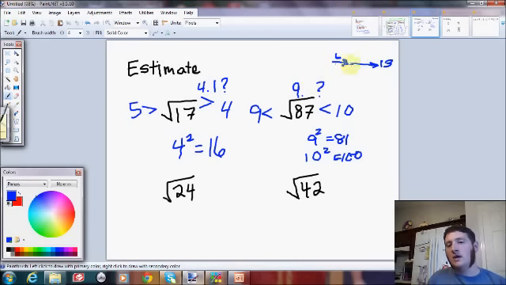And so this is basically about thirds. This is like a third, and another third, or a third and 2/3. And so my guess for this would be 9.3, because 87 is about a third of the way between 81 and 100. And again, no calculator. Could I be a little off? Probably, but that's how you guess and estimate without the use of a calculator.